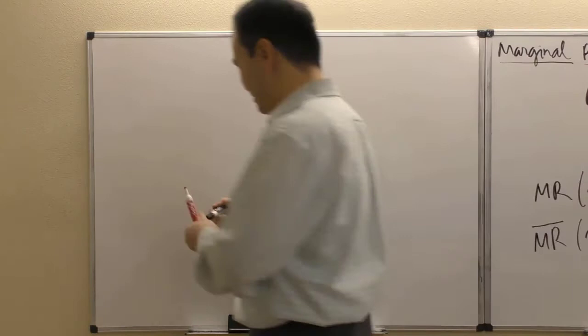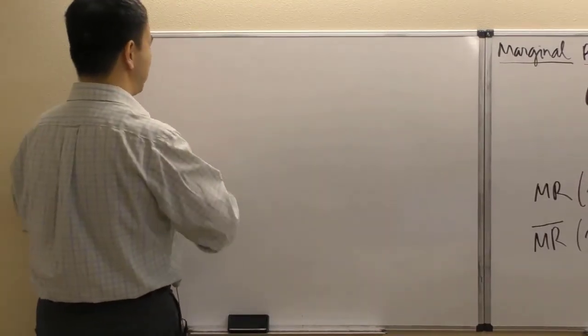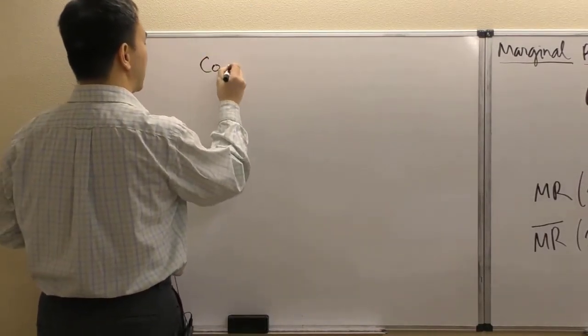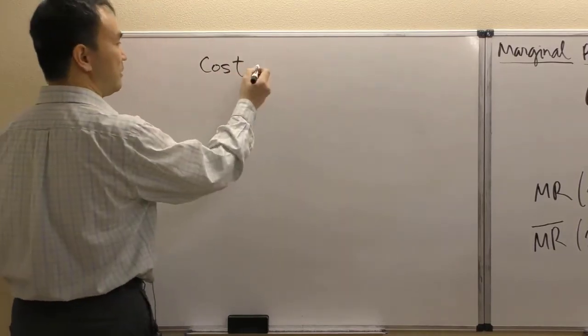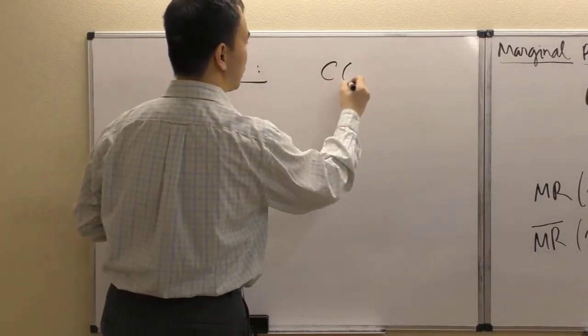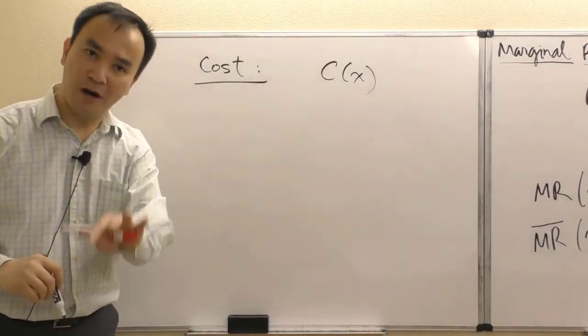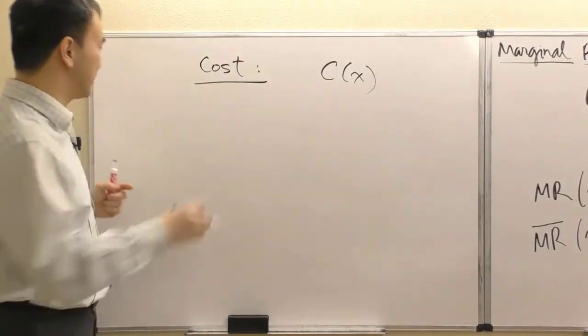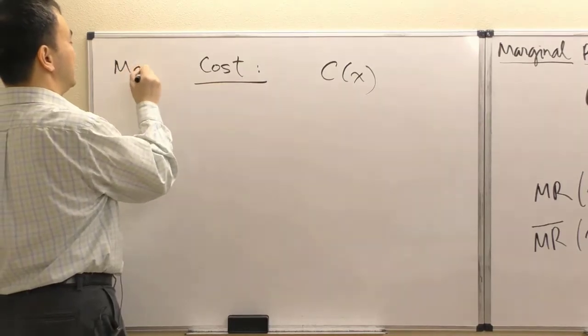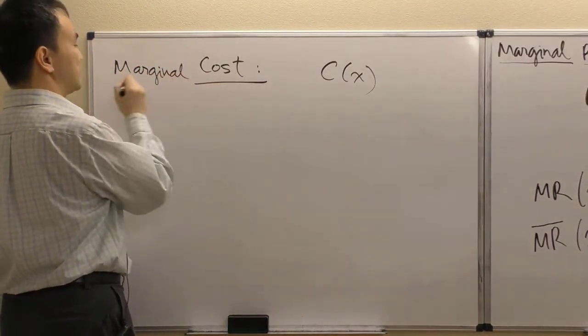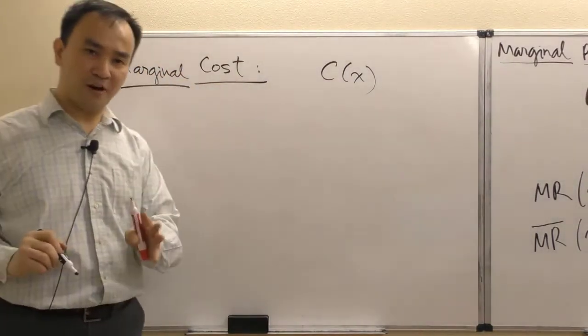So just like that. Now when you're looking at costs, and your cost function is of course C of X, then of course you can find the marginal on top of your cost function, so it makes perfect sense to be able to find marginal cost.